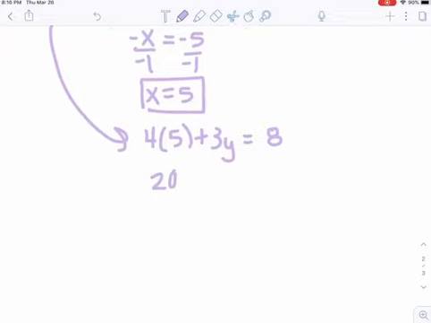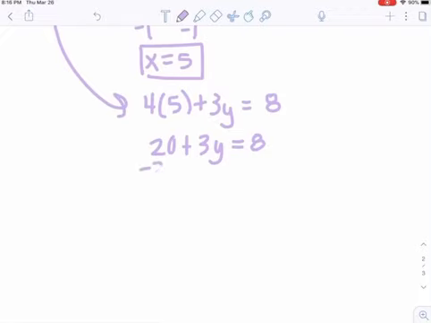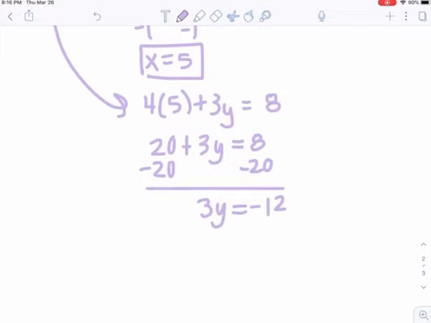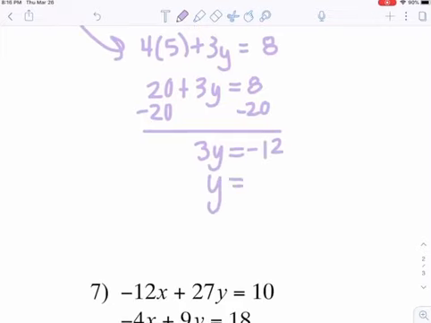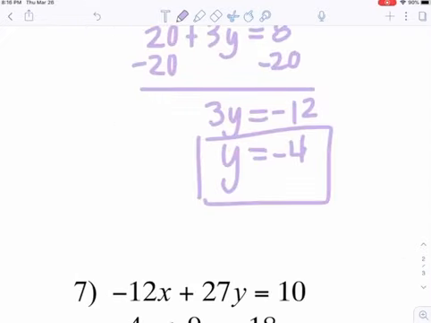So 20 plus 3y equals 8. Subtract both sides by 20. So 3y equals negative 12. Divide by 3, so y equals negative 4. Okay, so my final answer would be 5 comma negative 4.